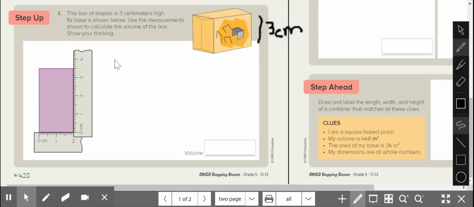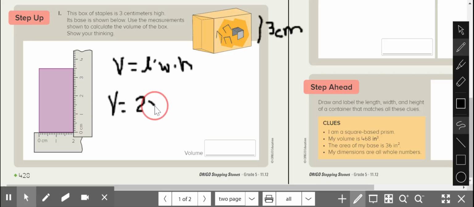What we're going to do, we calculate volume by doing length times width times height. Let's put all of our numbers out there so that we can see them. We go across, we get 2. So my volume is 2 times my width, we'll call this our width, times 3.5, and times my height.